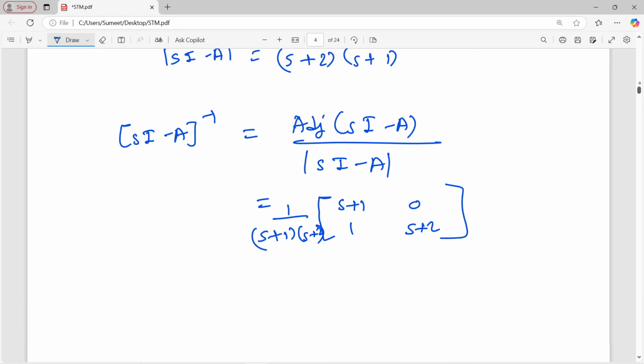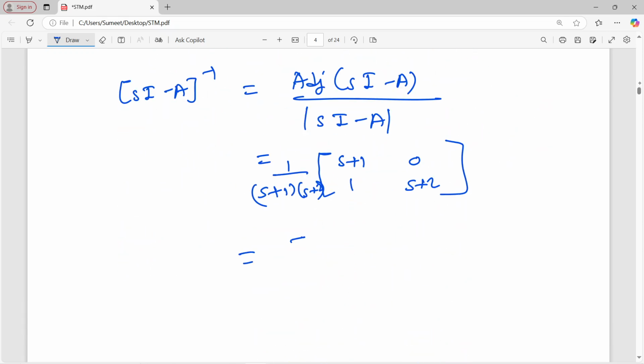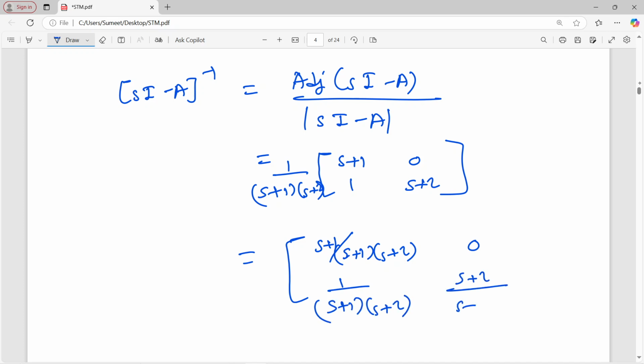Now multiply these elements. So it becomes (s+1) upon (s+1)(s+2), 0 upon anything is 0, 1 upon (s+1)(s+2), and (s+2) upon (s+1)(s+2). So overall it gets cancelled out.